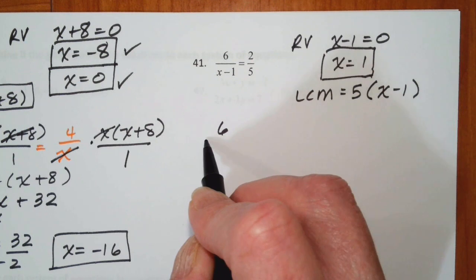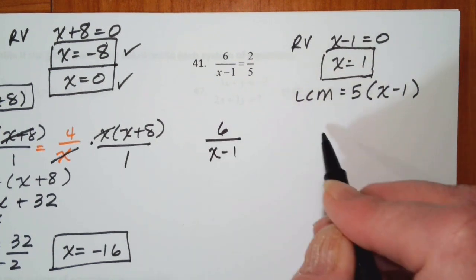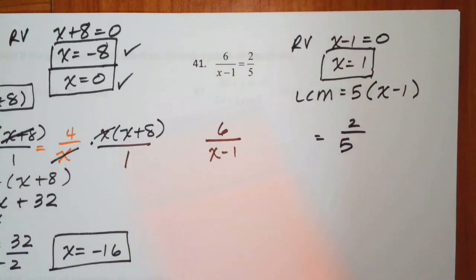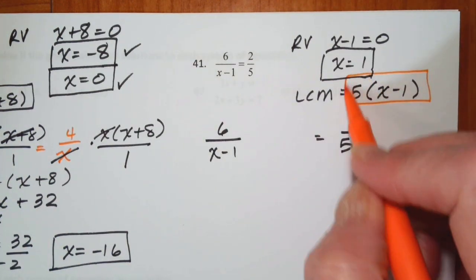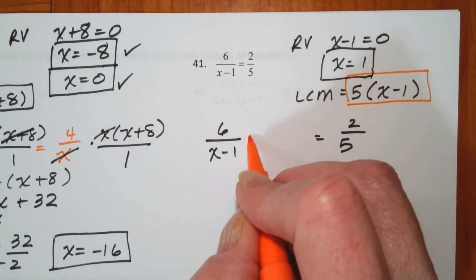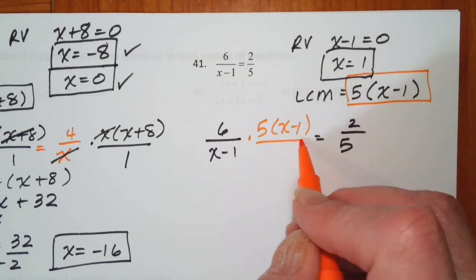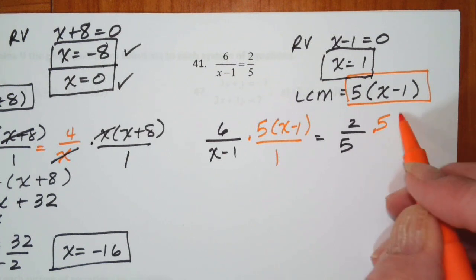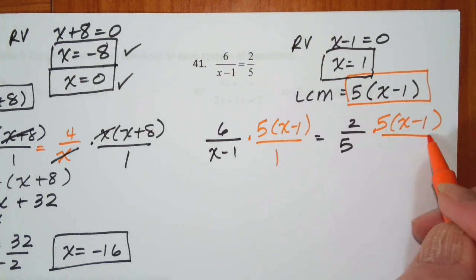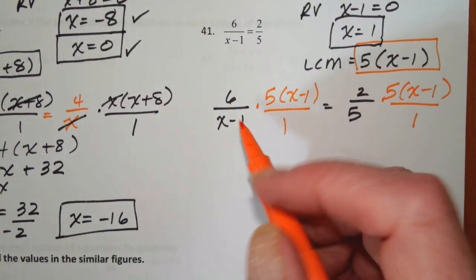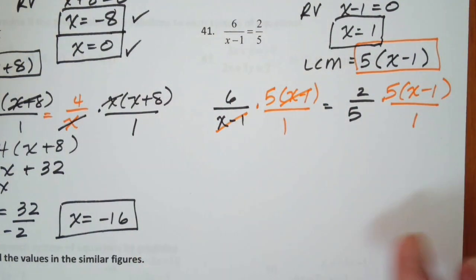So I'm going to take 6 over x minus 1 equals 2 over 5, and I'm going to multiply both of them times 5 times x minus 1. Excuse me. All right, so I have an x minus 1 that cancels.